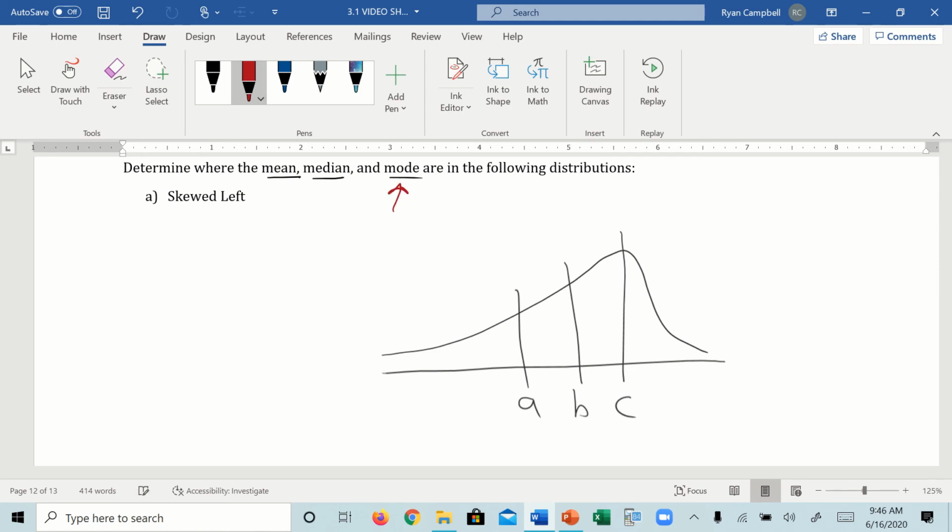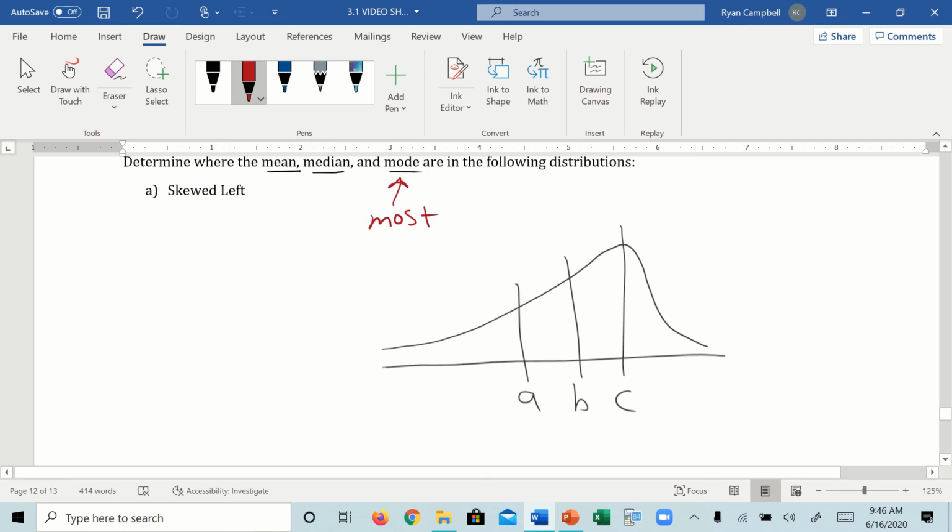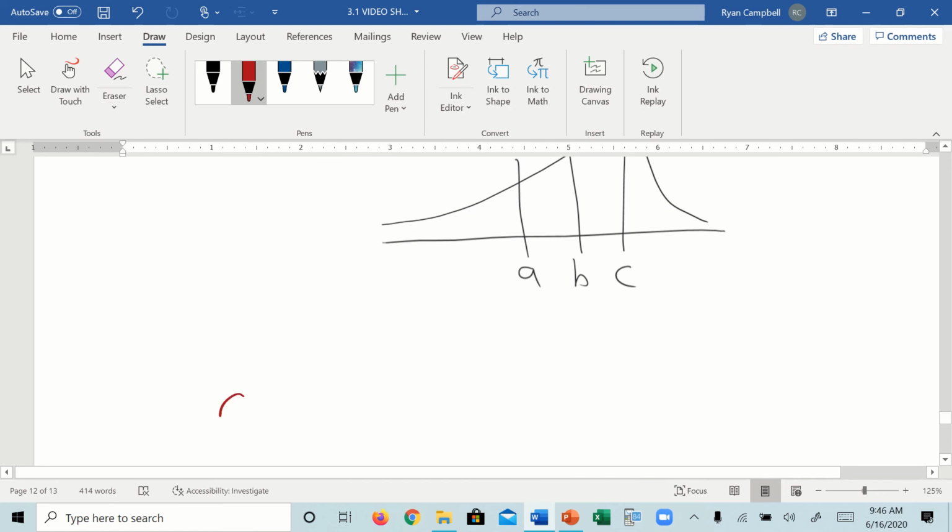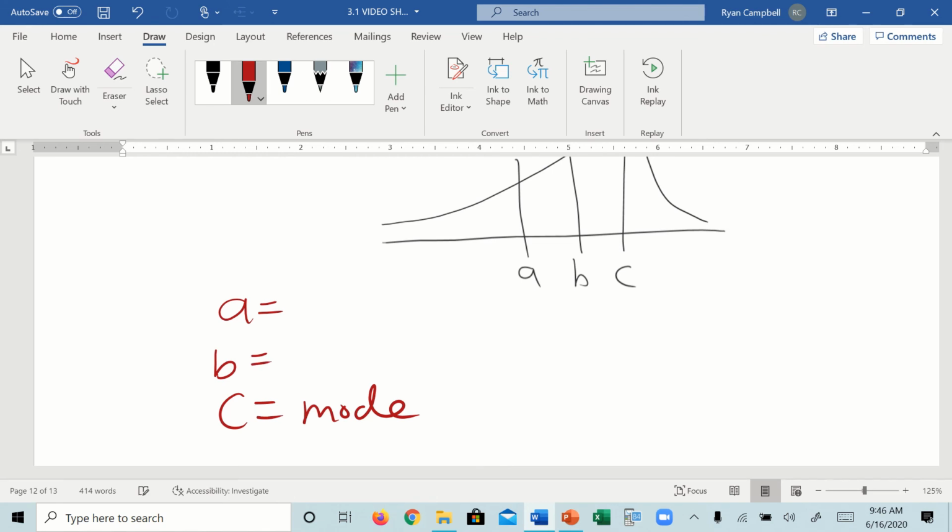Mode. What does mode mean? Mode means most. So out of A, B, and C, where would the most be? It would be right here, right? That's where the most data is. So C is the mode. So we just got to figure out what A and B is.